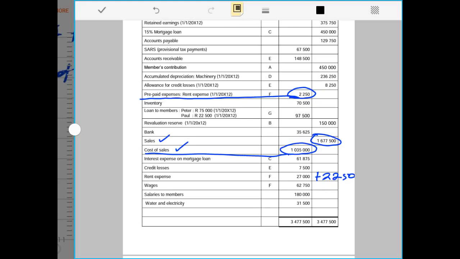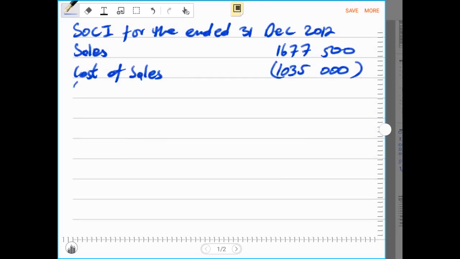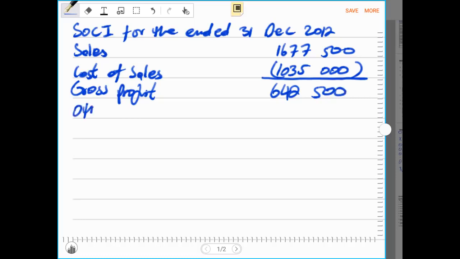From the cost of sales, we get to the gross profit. Our gross profit will be sales minus cost of sales, which gives me 642,500 rands. Then after that we have other incomes.